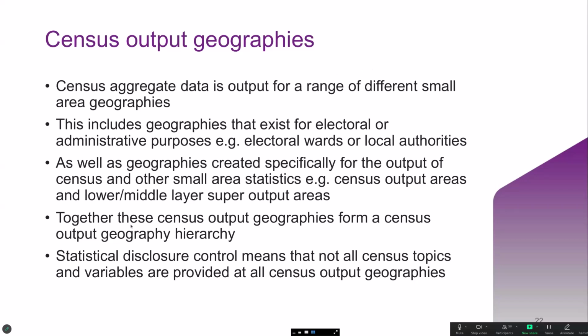But because of statistical disclosure control, not all the census variables are available at all levels of geography, because they have to try and protect individuals. If you had a small area with only a few people in it, you could possibly reveal individual data, which would be bad. So not all census variables are available at all levels, and some may only be available at the higher areas, so by ward or district level rather than at output area level.